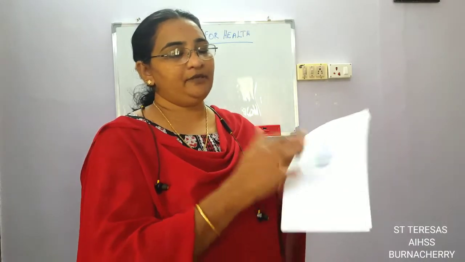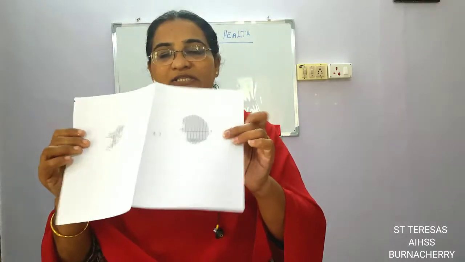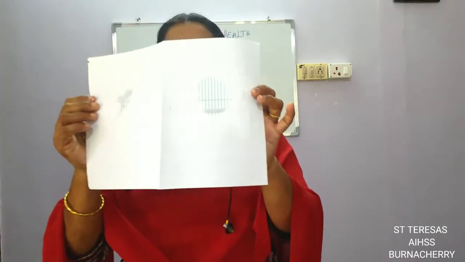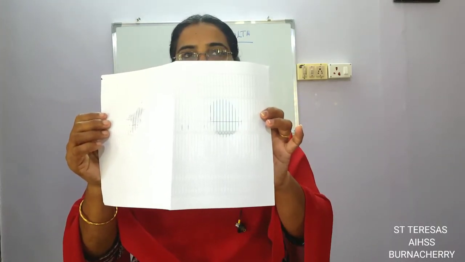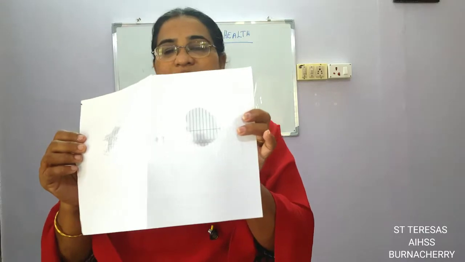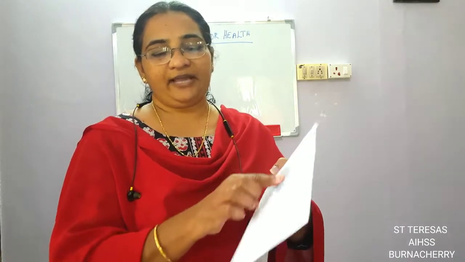This is waste paper. So here, if I go and keep it in the sun for some time, this paper will change into, it will be transparent. So here you can see the paper has become transparent. So from this we can understand that there is fat content.